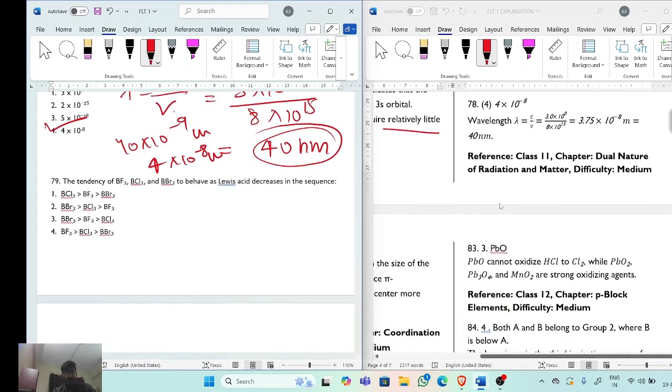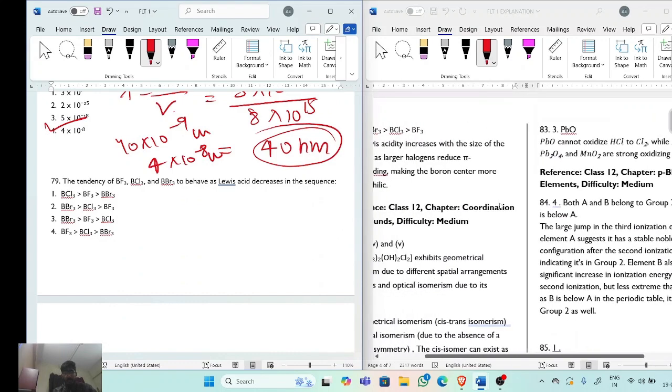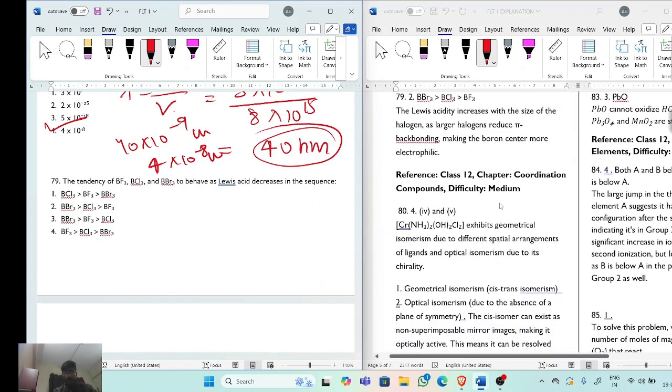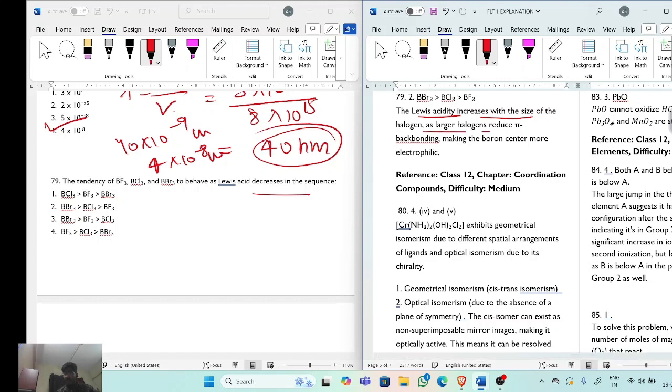Now question number 79. The tendency of BF3, BCl3 and BBr3 to behave as Lewis acid decreases in which sequence? Okay, so we know the Lewis acidity increases with the size of the halogen, as larger halogens reduce pi back bonding, making the boron center more electrophilic.